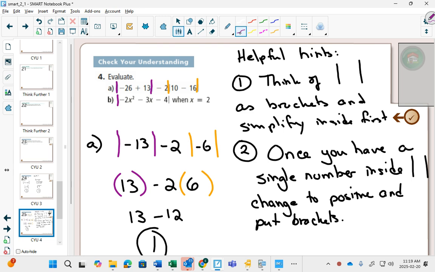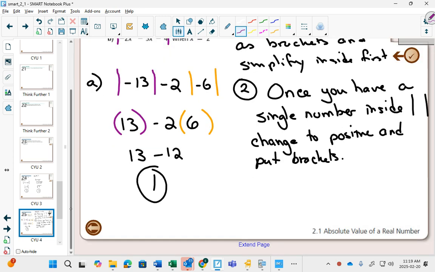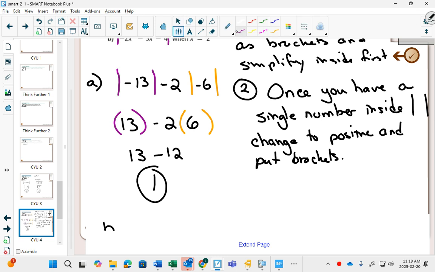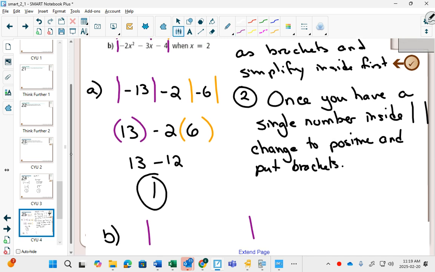Example 2, I only have one set of absolute values. So they start there and they end there. So in B, I can draw my absolute values. And now I'm evaluating when x is equal to 2. So I'm just going to plug in.